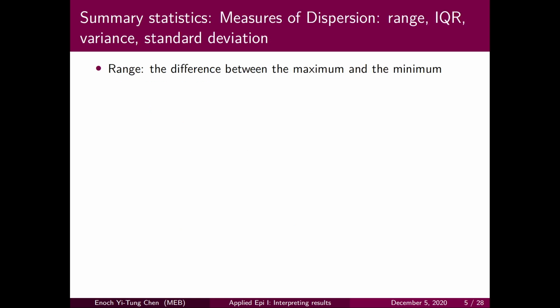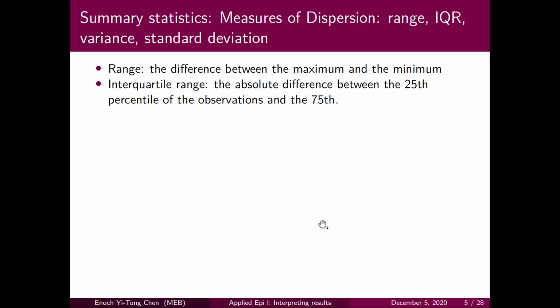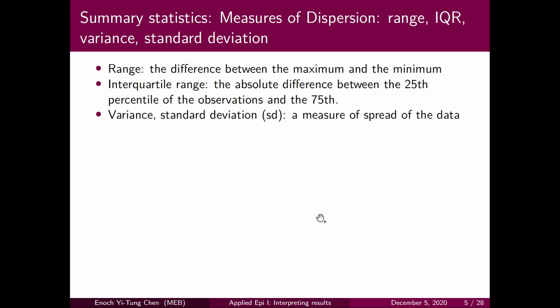The second part of summary statistics I'm going to talk about is the measures of dispersion: range, interquartile range, variance, standard deviation. Range is the difference between the maximum and the minimum, and interquartile range is the absolute difference between the 25th percentile of the observations and the 75th. Variance shows the spread of the data.